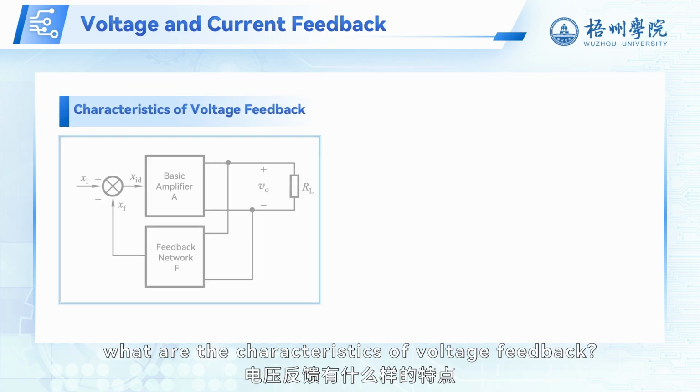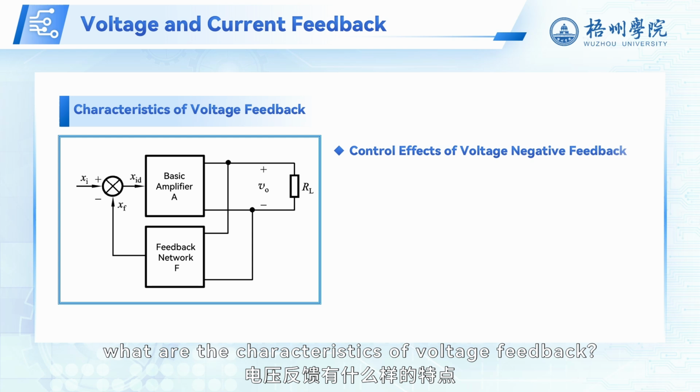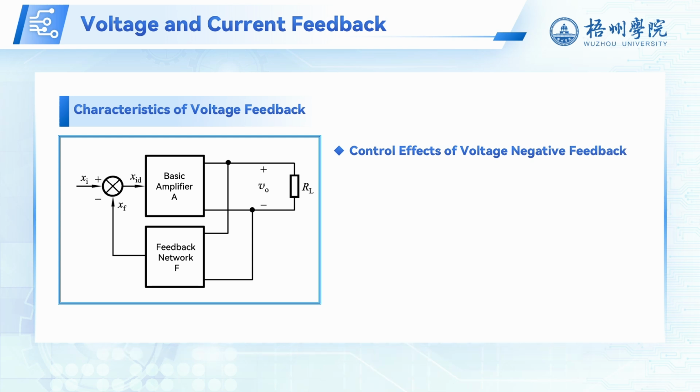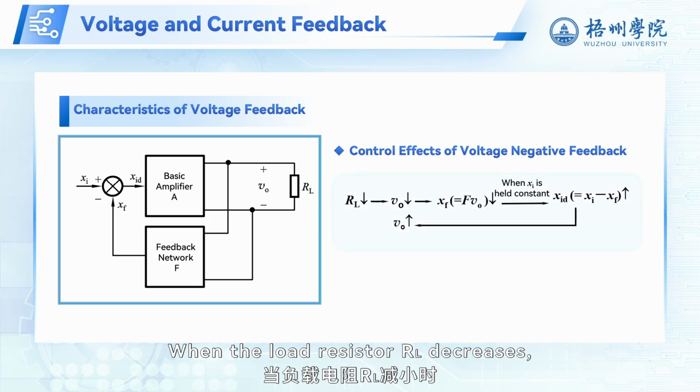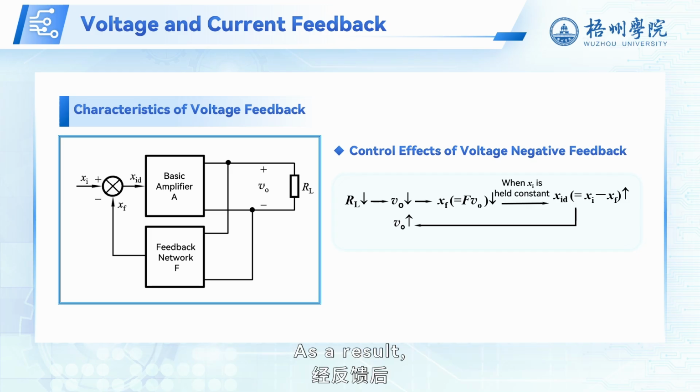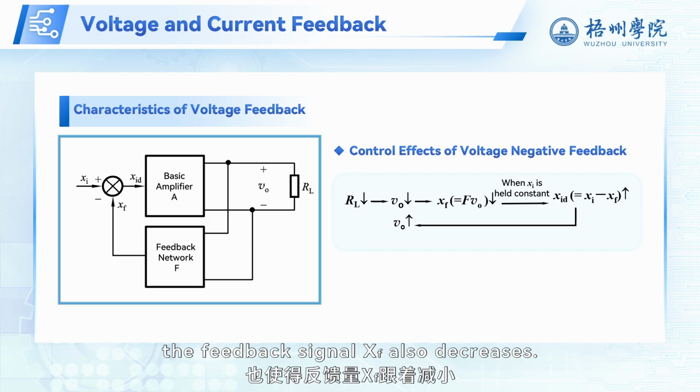So, what are the characteristics of voltage feedback? Let's find them out together. When the load resistor RL decreases, the output voltage VO drops accordingly. As a result, the feedback signal XF also decreases.